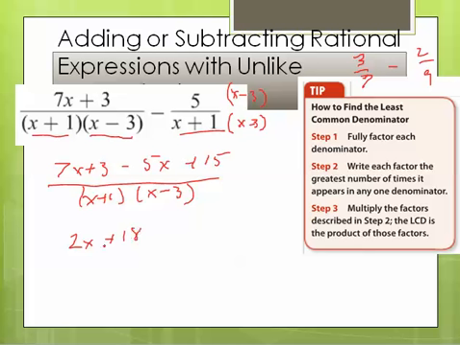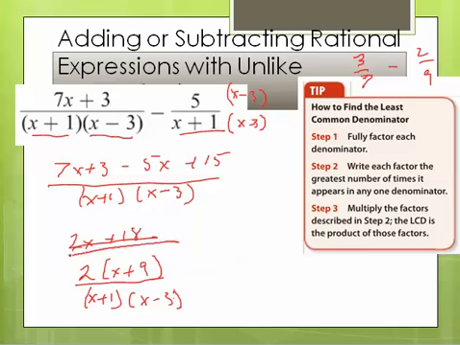Oh, wait a second. I can factor 2 out of that at least, right? So I'm just going to mark that out right away and say 2 times x plus 9, divided by x plus 1 and x minus 3. Now that I've got it like this, I don't have anything that I can divide out. This would be my final answer.